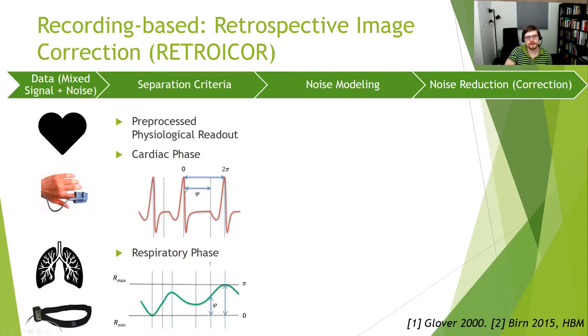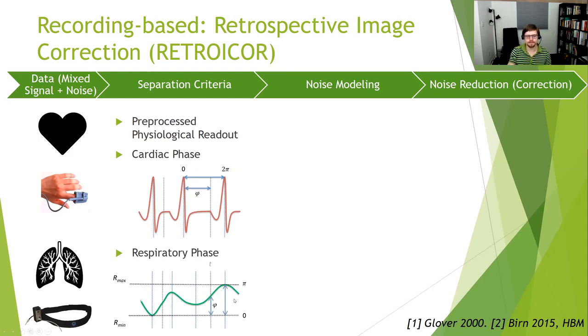For the cardiac phase, you look at the distance from your acquisition time point to the last heartbeat and divide it by the distance between two subsequent heartbeats. For the respiratory phase, you look at the amplitude of the respiratory bellows signal during your acquisition compared to the maximum inhalation and maximum exhalation amplitude of that signal.